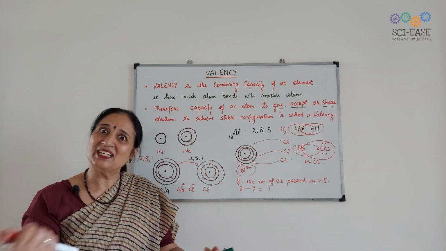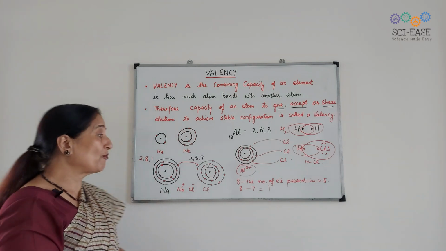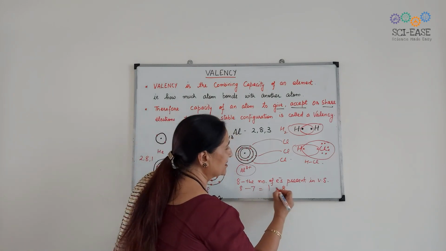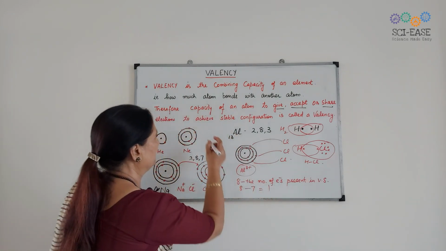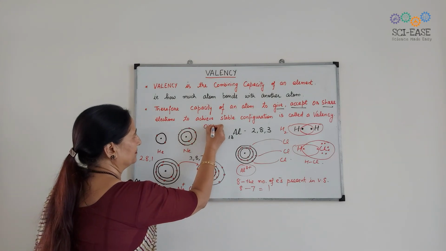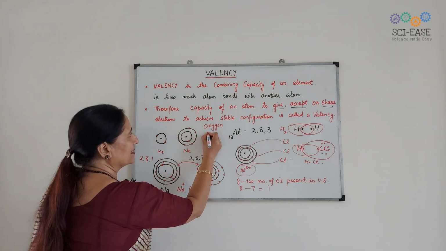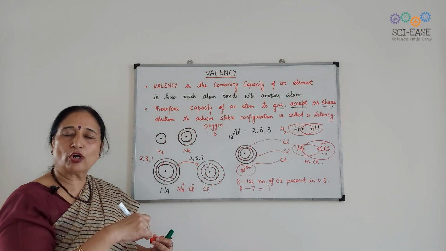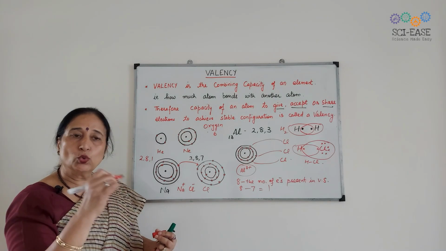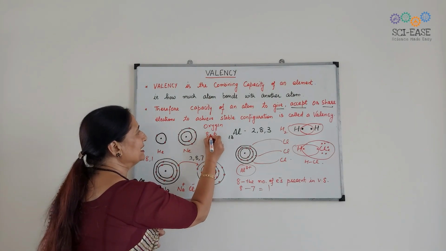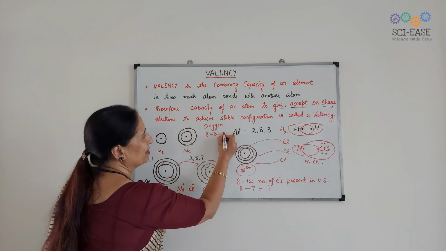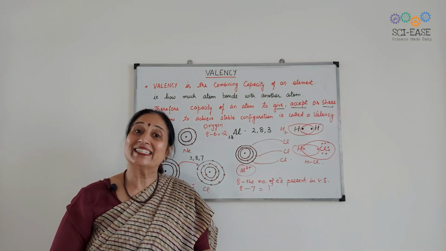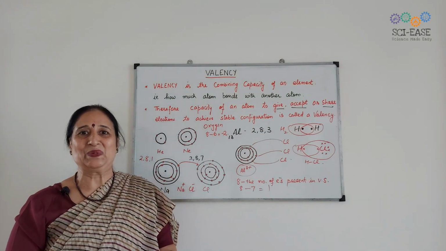Because it is gaining, it will be minus 1. Take the case of oxygen: it has 6 electrons in its outermost shell. 8 is the atomic number, electronic configuration is 2, 6. So 8 minus 6, the valency will be 2. Here it is minus 2 because it is gaining electrons.